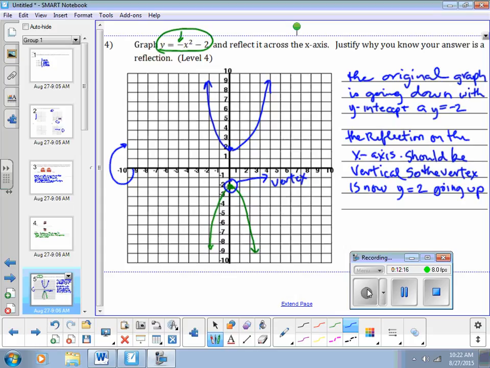And all you're stating is this point, because it's reflected on this axis, it's going to be a vertical reflection. That point, which is 2 units away, is now over here 2 units away at +2. And now the parabola, instead of it going down, it's going up, which indicates a reflection of that image. So you're just pretty much stating how you figured it out. Okay?